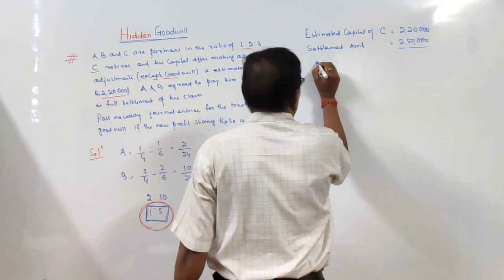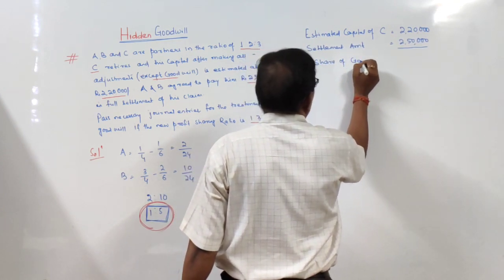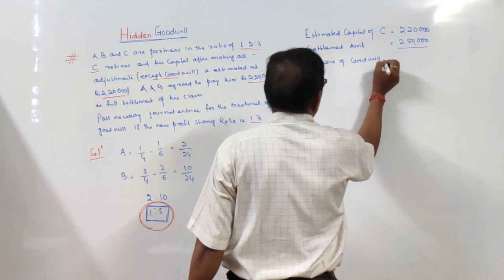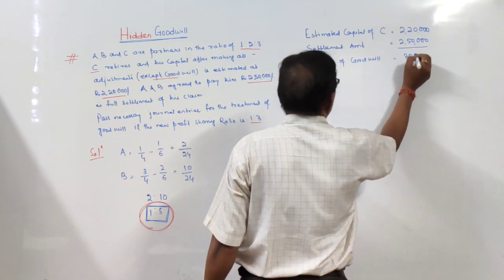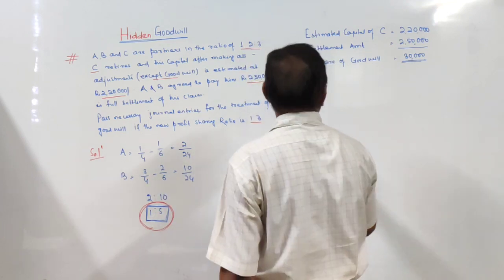So the share of goodwill is equal to the difference amount, that is 30,000 rupees, and he will be paid by whom? He will be paid by A and B, right?